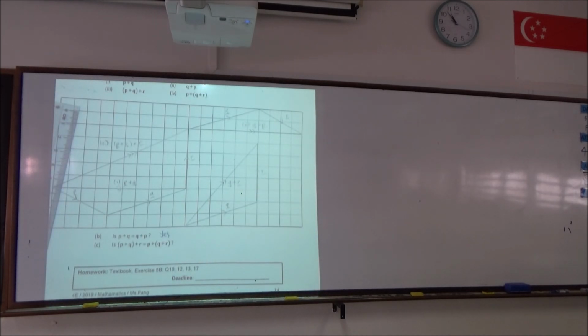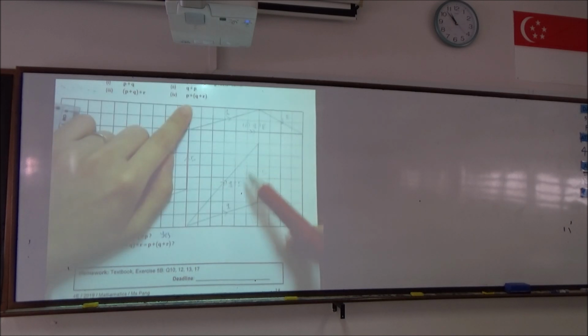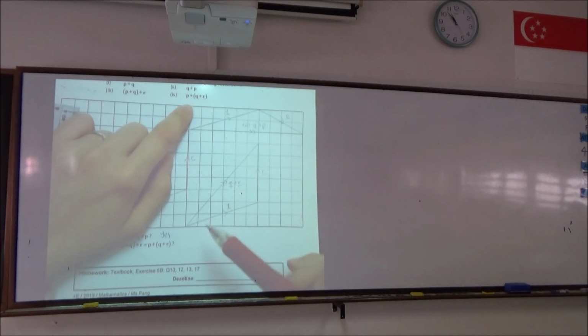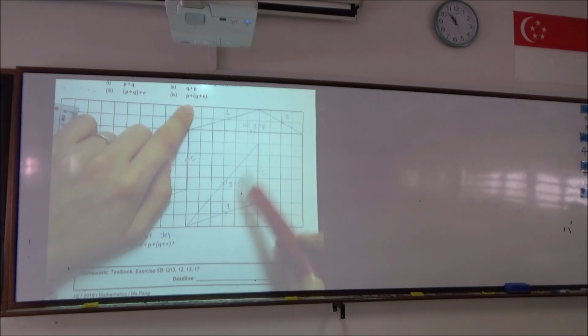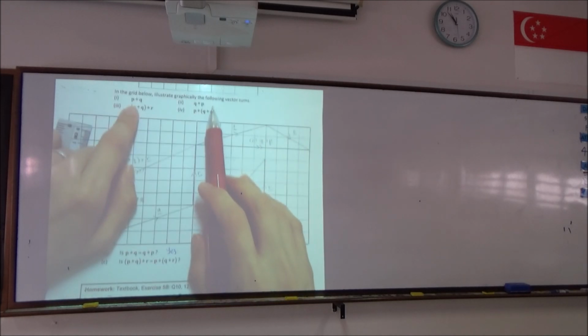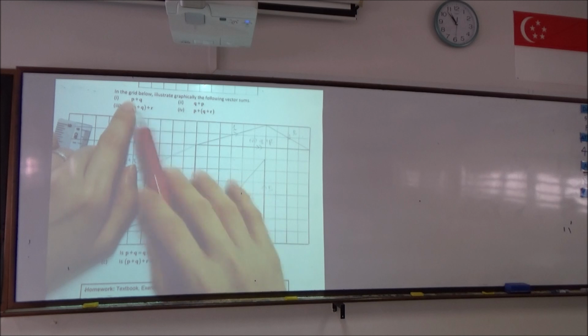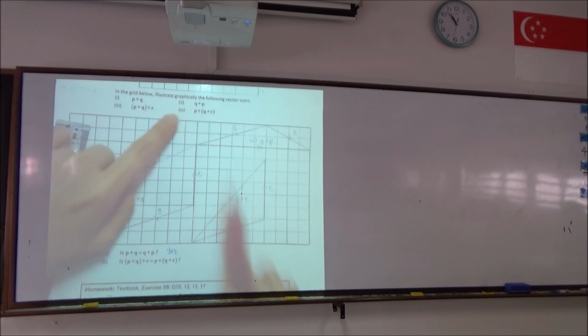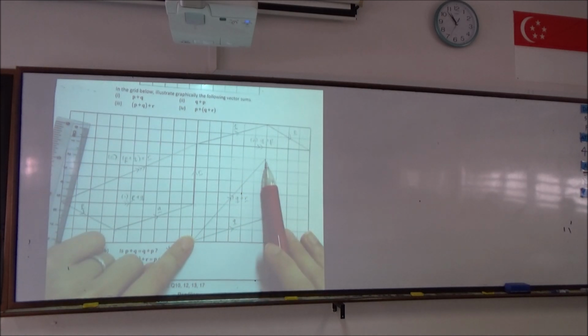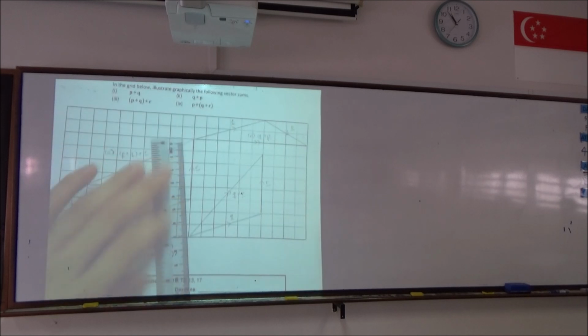Then after that, we need to add P. P actually came first before Q plus R, but we have seen from part 1 itself that P plus Q and Q plus P are the same. So I could actually draw Q plus R followed by P, right?